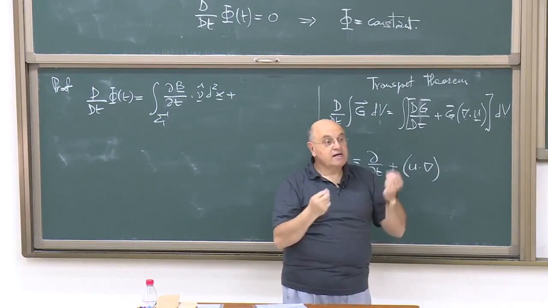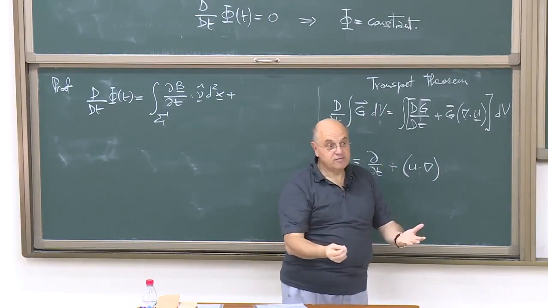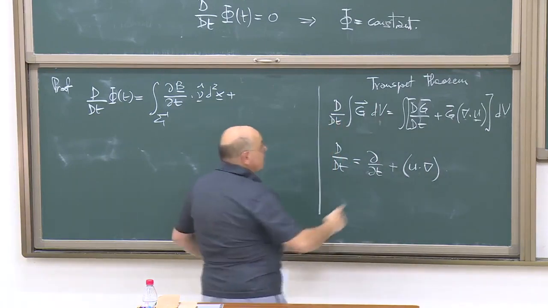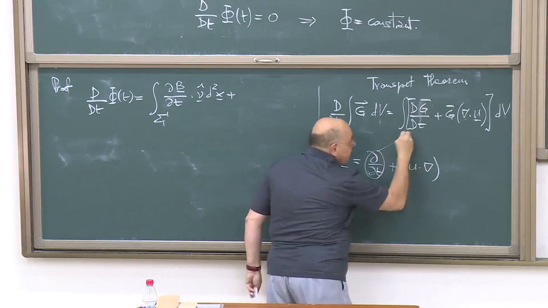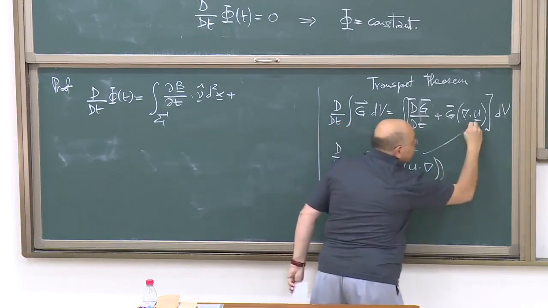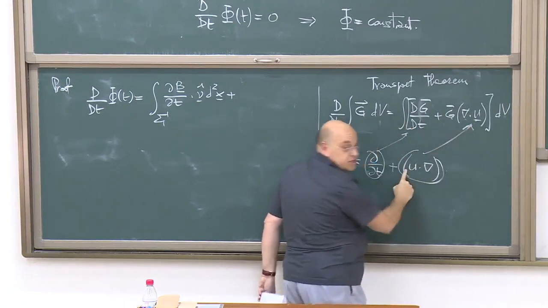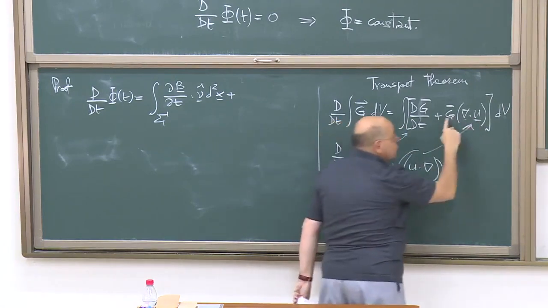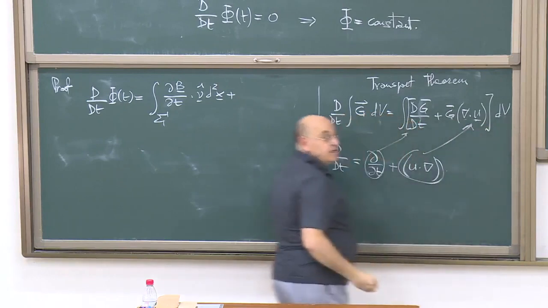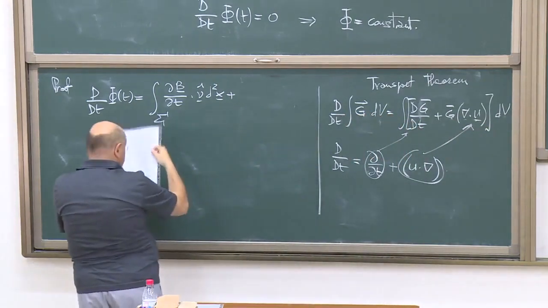This is what the transport theorem tells you. So I have to think of this as made of this plus this that goes in here. So there is a divergence here, the divergence of gu, and I use the divergence theorem and translate that into a surface term.